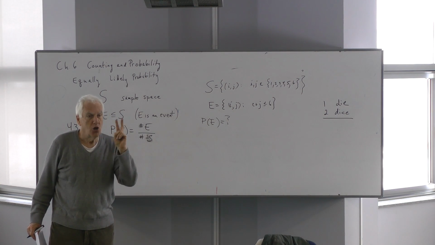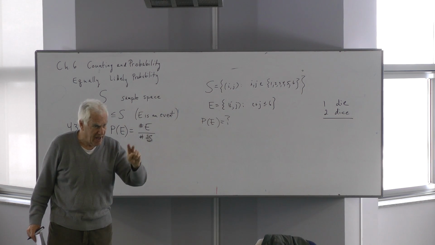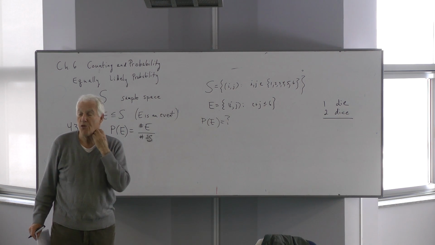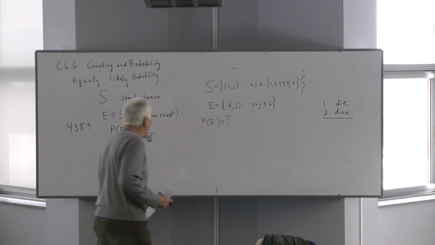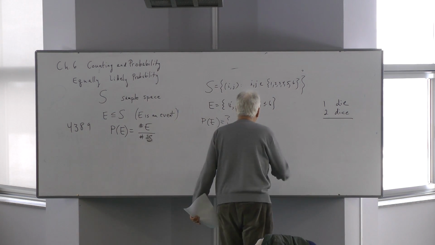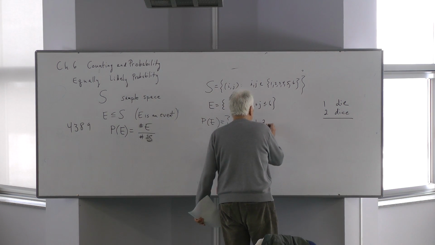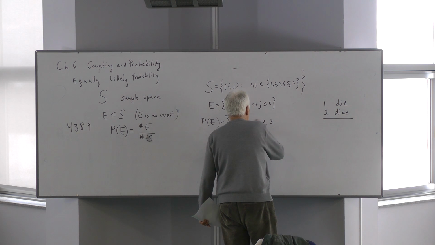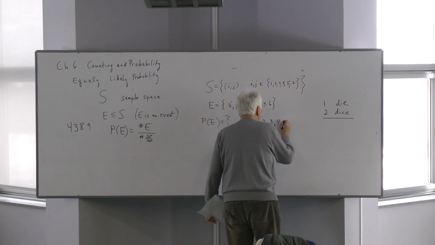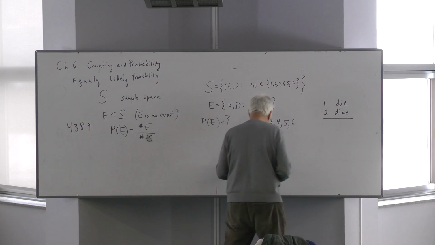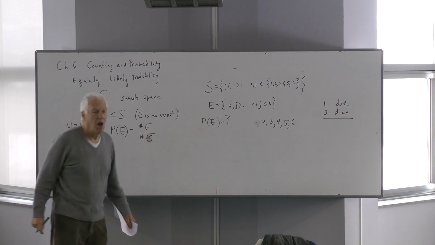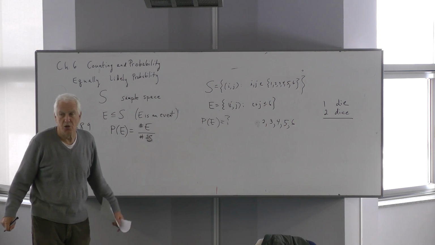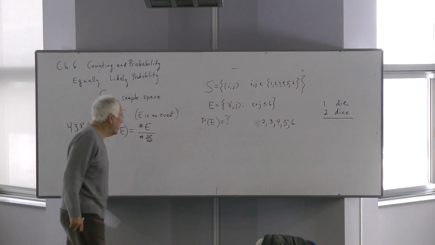You could get 2, a 1 and a 1. You could get 3, 4, 5, 6. It could be 2, 3, 4, 5, 6.